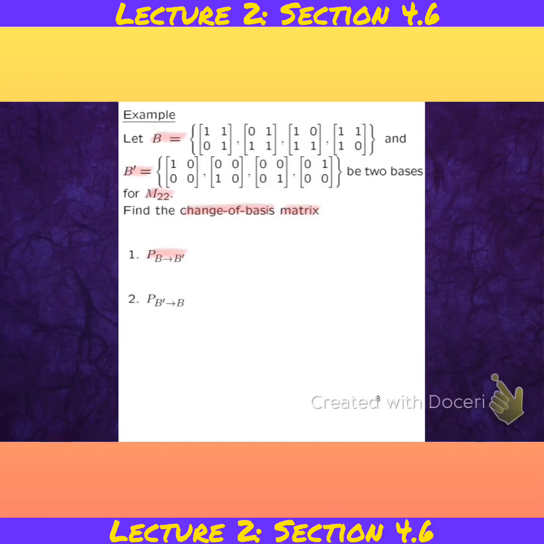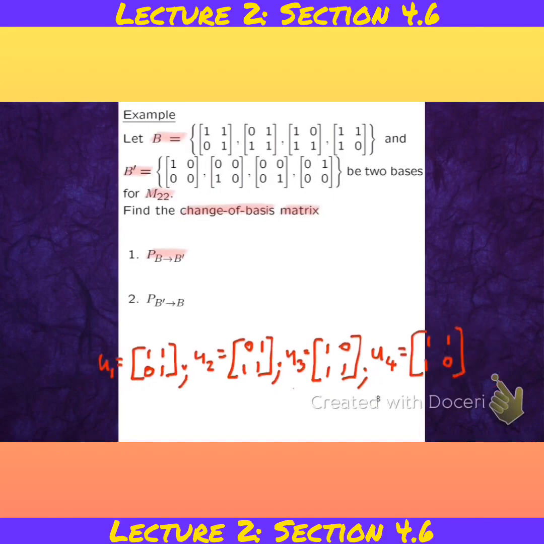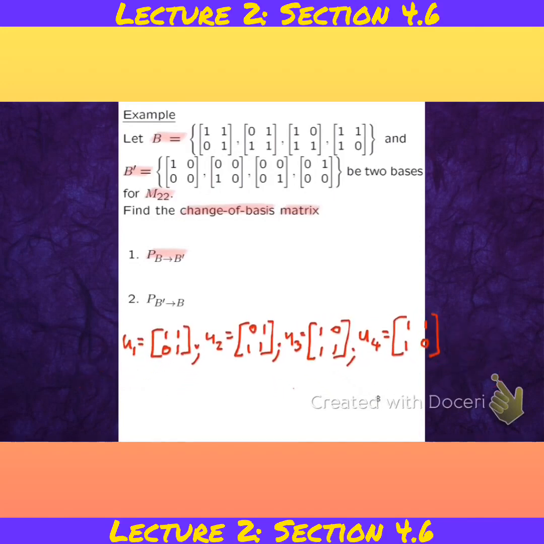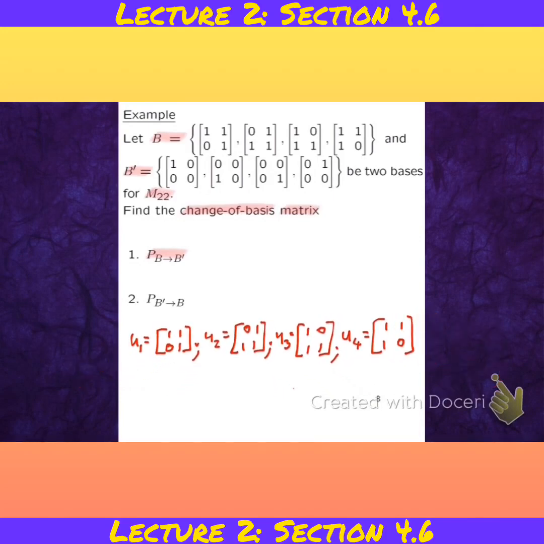Right, so now we follow our notation. We start with our old basis, which in this case is B, and we label our vectors u1, u2, u3, and u4. We want to find the transition matrix from B to B prime.